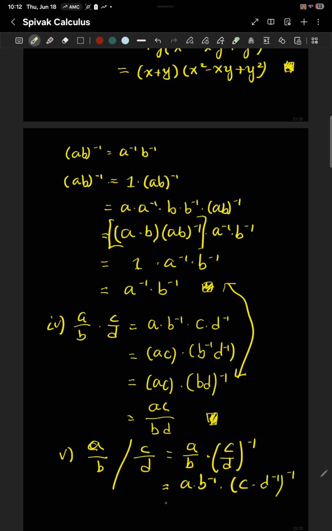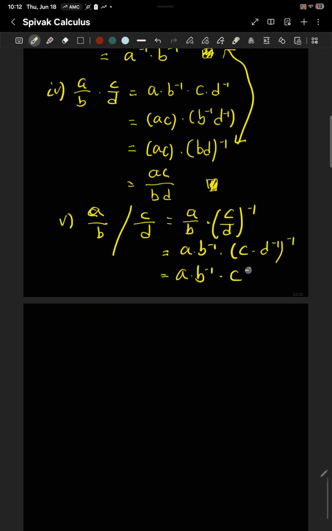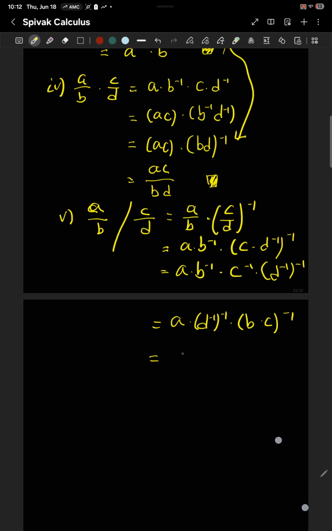Now we can shuffle this into A times B inverse times C inverse times D inverse of inverse. We don't know what this is yet, so let's not assume. We can shuffle this into A times D inverse of inverse times B times C inverse. So we cleared this part, but we haven't figured out what D inverse of inverse is.